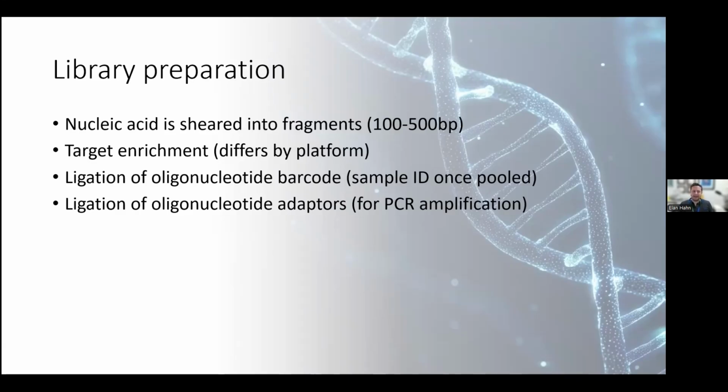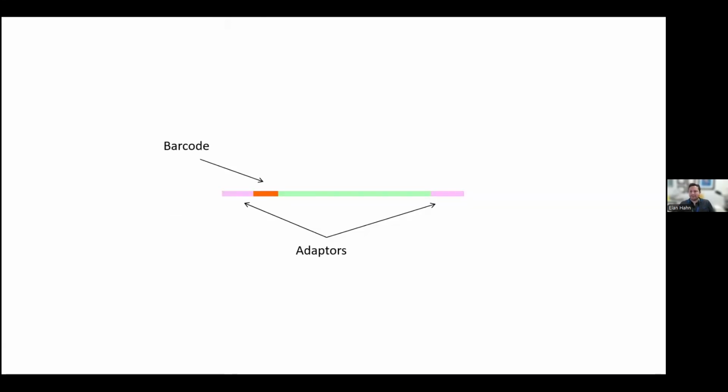And having this ligated oligonucleotide barcode will help separate the reads bioinformatically for each sample after sequencing. And also ligation of oligonucleotide adapters for PCR amplification that are going to help for either platform to actually carry out the reaction. And this is what our fragments will look like. The fragment in green, our barcode in orange, and then adapters on either end to help carry out the reaction.